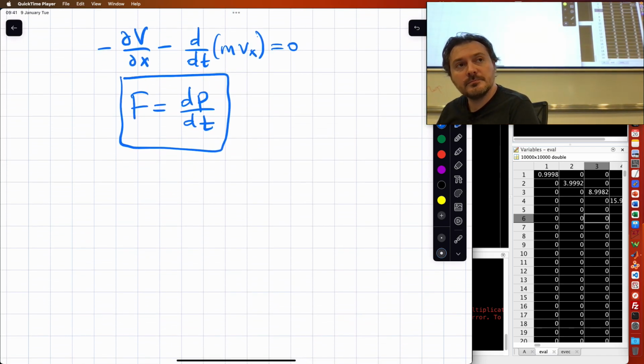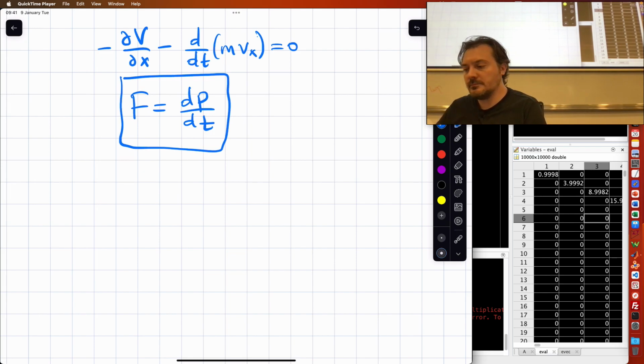We said that to find the lowest path, we should minimize the action. So why don't we just simply take the derivative of the action and set it equal to zero? That's how you get the Euler-Lagrange equation.